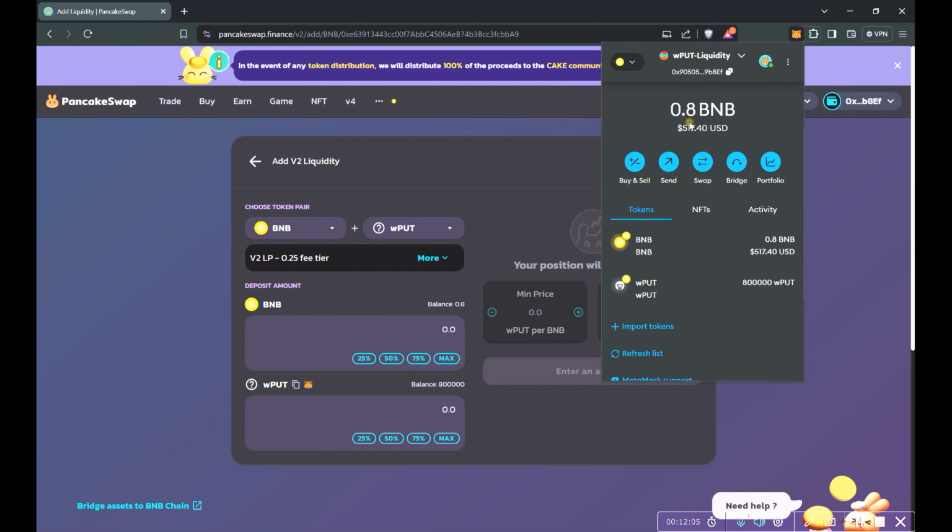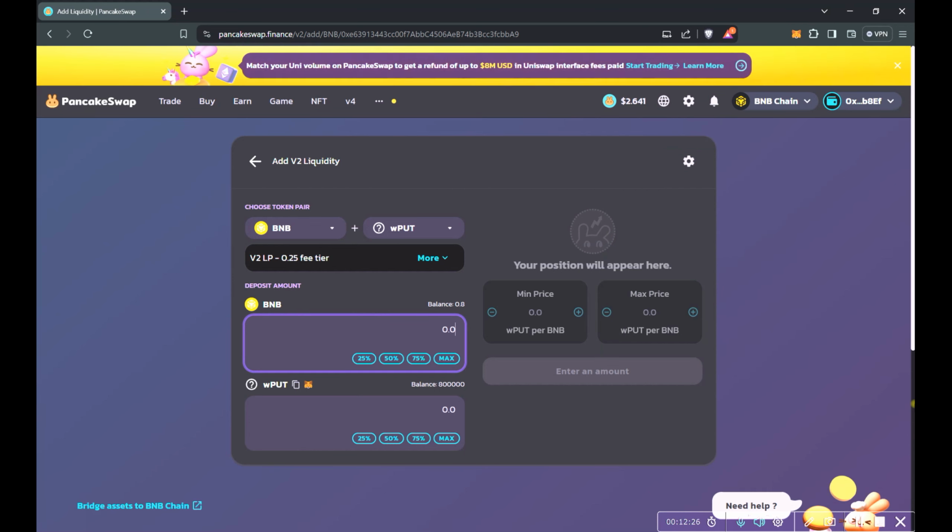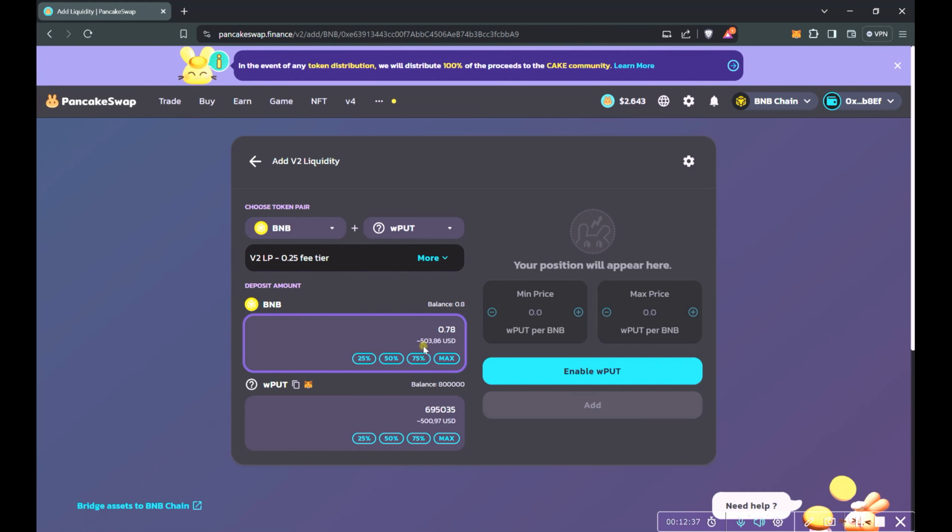Okay, 0.8 BNB are about $517. I think we could afford to provide around $500 to the Putin coin liquidity pool as it has good revenues. We don't add the whole amount, we want to add $500. Yeah, 0.78 Binance coins represent $503.